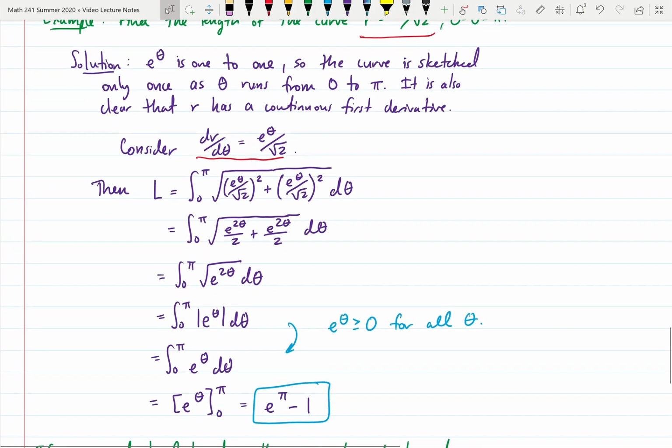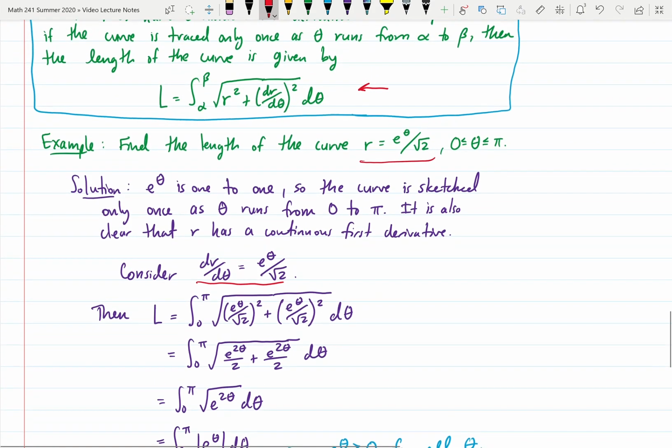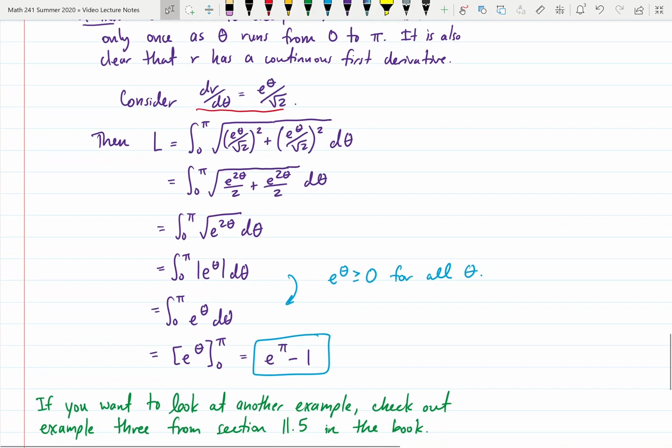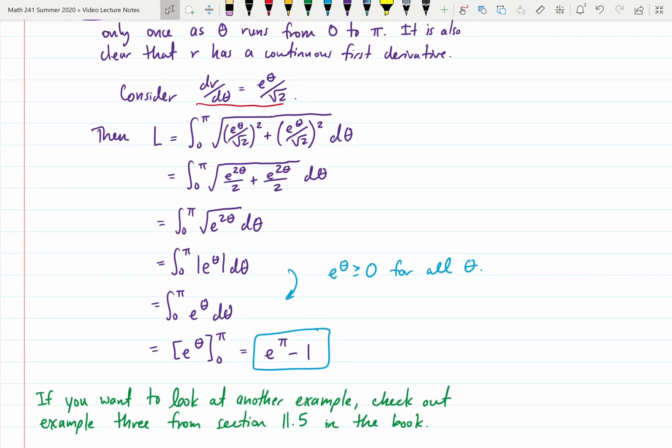And so now we can use the formula given in the theorem above. The length is equal to the integral from 0 to pi of the square root of r squared plus dr d theta squared. And in this case, r and dr d theta end up being the same, which ends up being kind of nice. So now we do some algebra.